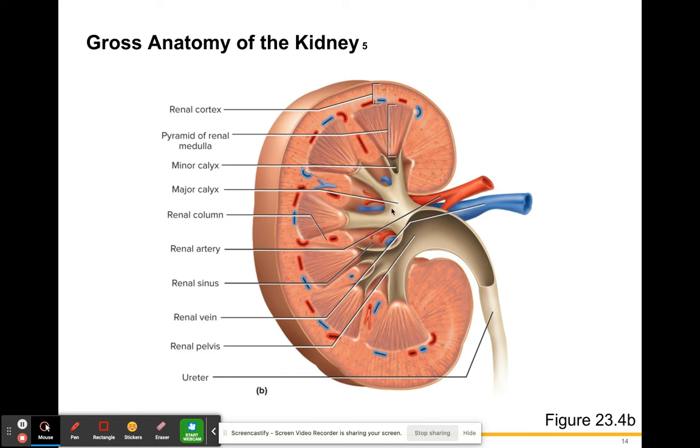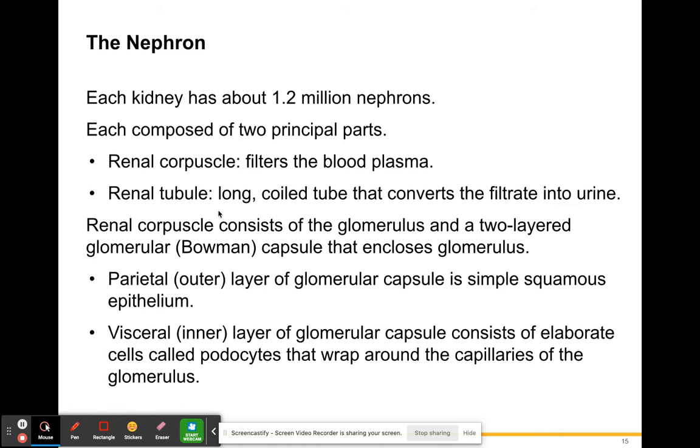Those primary gutters lead into a secondary gutter, which leads into the main gutter, and then out, down your house or whatever else. So urine's going to form in here, drip into the minor calyces. Minor calyces are all going to drip into this major calyx. All these major calyces are going to drip into the renal pelvis, and the renal pelvis will eventually give it to the urinary bladder.